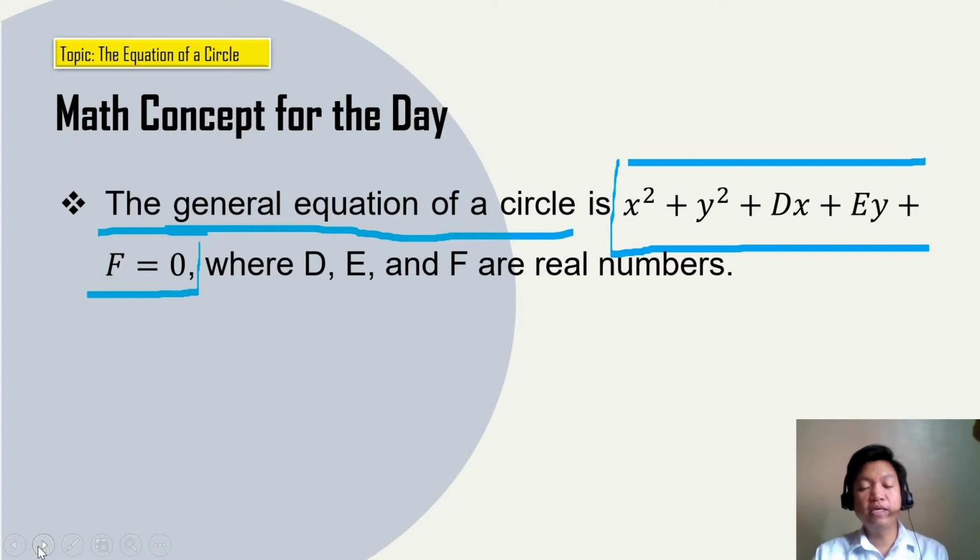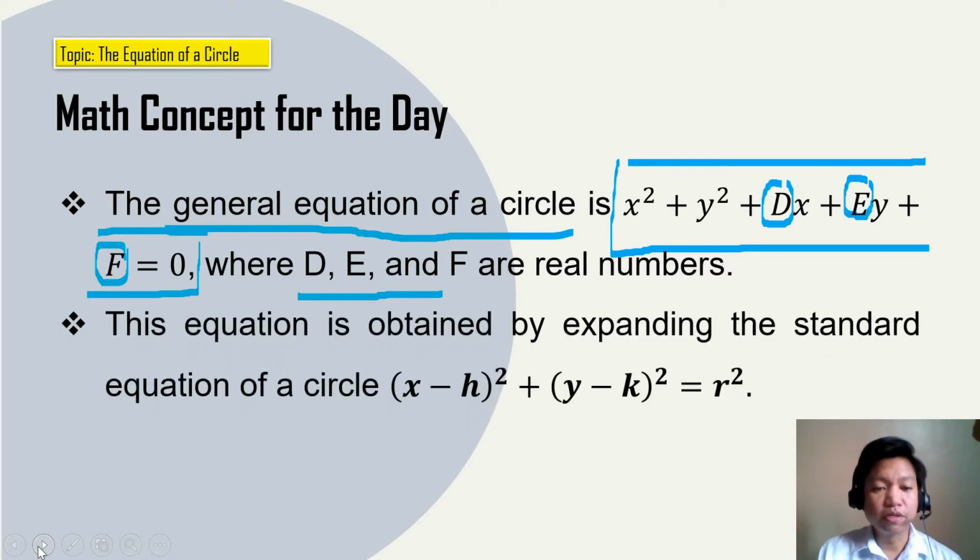So where D, E, F are real numbers. So as you can see here, meron tayong mga variables dyan aside from x and y. So gumamit tayo ng capital letters D, E, F. These are the real numbers. So these are the numerical coefficients of our variables x and y, and then yung F natin is our constant here.